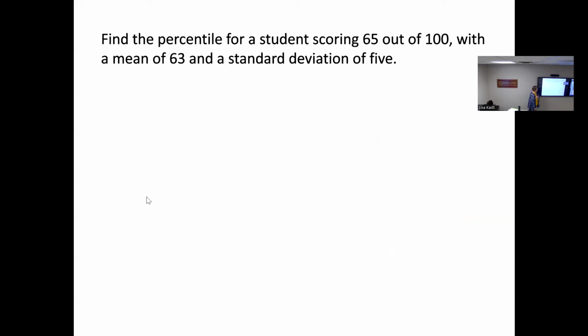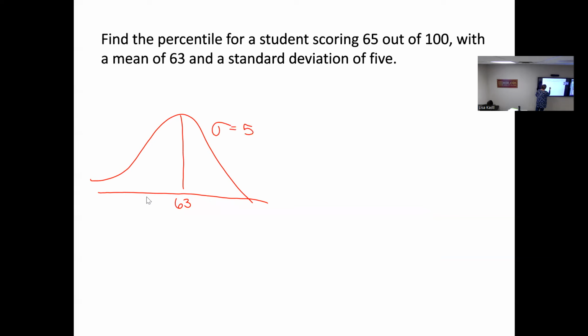Find the percentile for a student scoring 65 out of 100 with a mean of 63 and a standard deviation of 5. Now, what's a percentile? Do you remember? So my mean is 63. My standard deviation is 5. What is the percentile that corresponds to a score of 65?